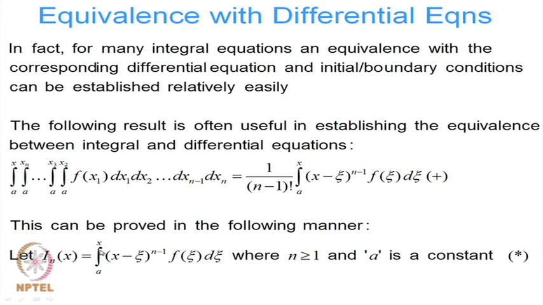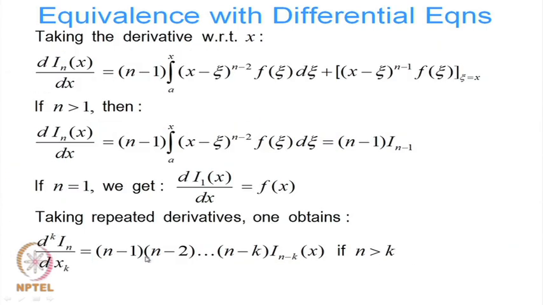So if I take the derivative of x, that is going to give me 1, right? And then I will have to evaluate this function at that value. So (x - xi)^(n-1) f(xi), I will have to evaluate at xi equal to x, the derivative of x giving me 1. And this is the part where I just brought the derivative inside the integral, and that gave me this contribution.